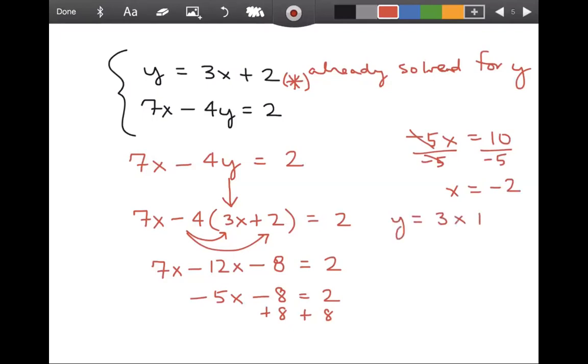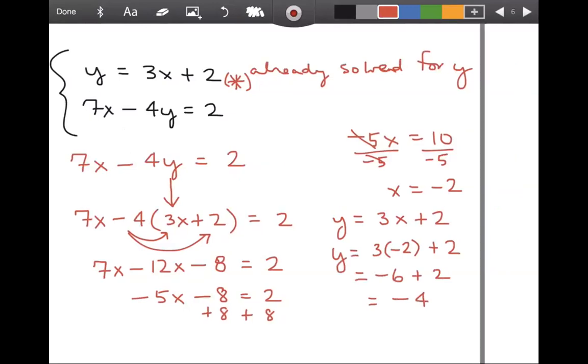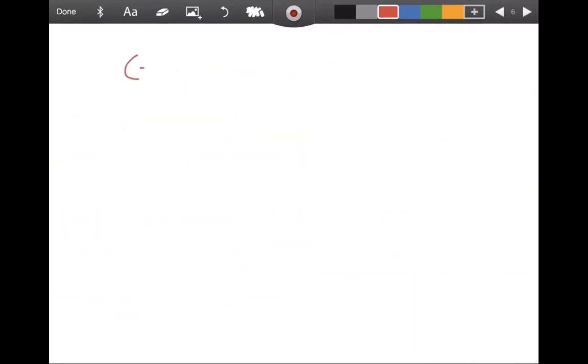So if I substitute negative 2 for x, I get y equals negative 6 plus 2, which is negative 4. All right, so since x is -2 and y is -4, that means we think the solution is (-2, -4). I will check that solution.